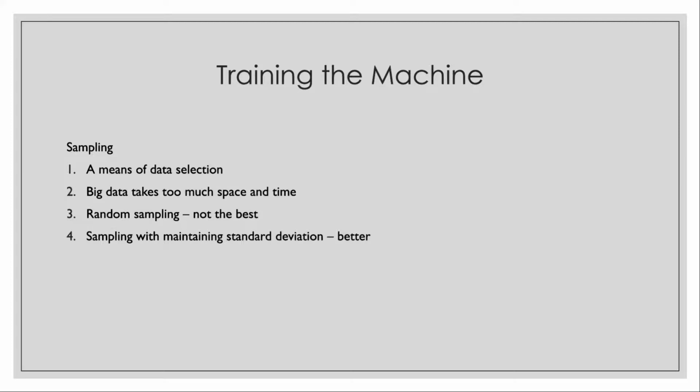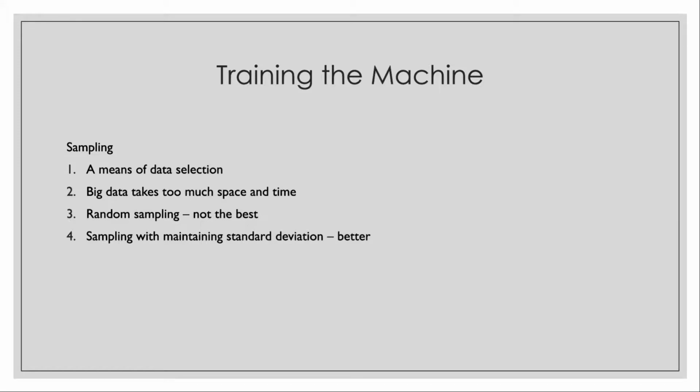When we train our model, we want to make sure that we consider sampling, because data can be too big. In big data, it takes too much space, too much memory, and time. So here I show you a couple examples of sampling.